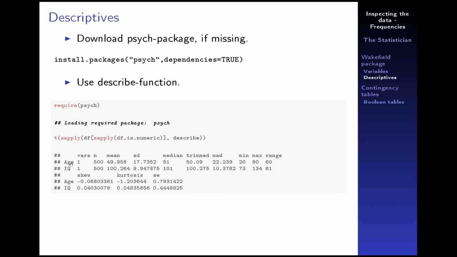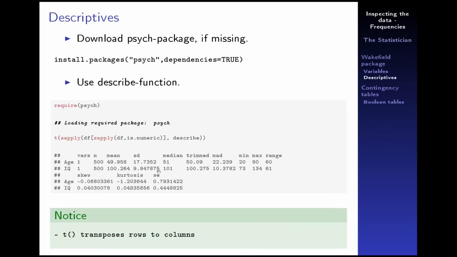We will see that for the IQ the mean is quite close to 100 and the standard deviation is quite close to 10. And I'm using transpose function just to squeeze the data to this slide.